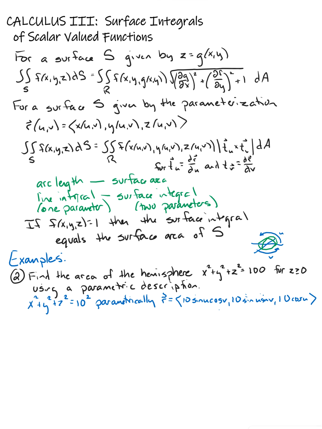U goes, I just need to go to the top. And so U is between 0 and pi over 2. It's just that top half. And then V goes all the way around, so that's from 0 to 2 pi.